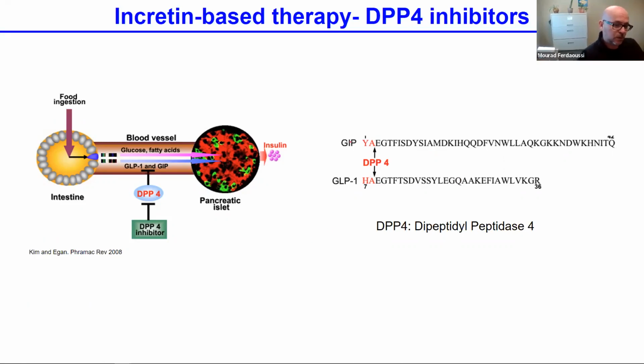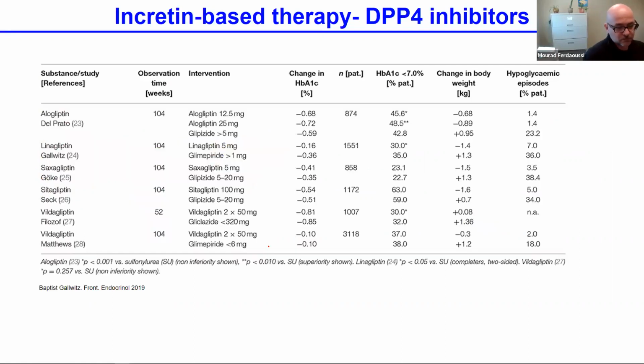And based on this observation, another generation of anti-diabetic drugs is to use DPP4 inhibitors. Basically, what it does is increase the stability of the endogenous GLP-1 and GIP, and can be used to treat diabetes and increase insulin secretion. Different clinical trials show their effects on improving HbA1c.